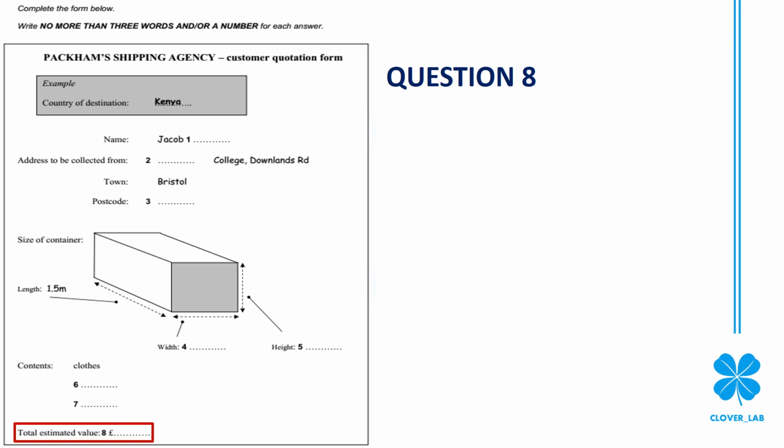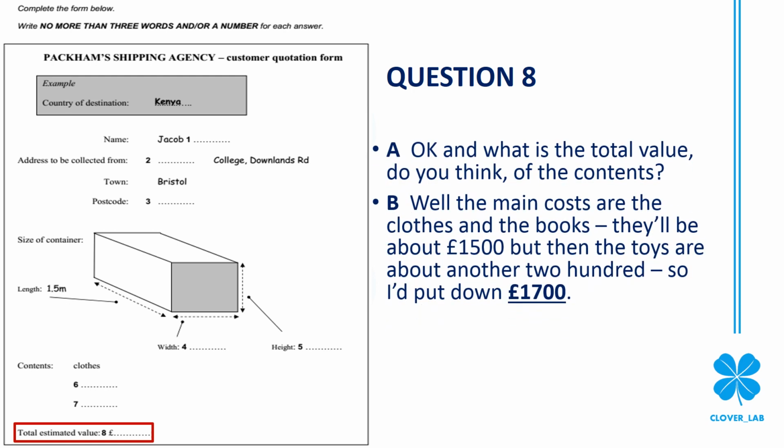Well, the answer for question 8 is £1,700. Well, you'd ask how? Well, because the speaker says, the main costs are the clothes and the books. They'll be about £1,500. But then the toys are about another 200, so I'd put down £1,700.